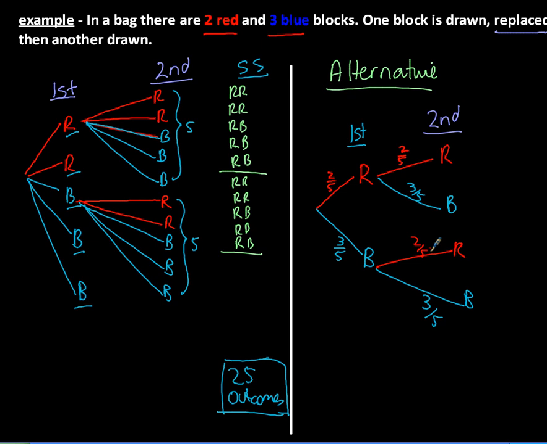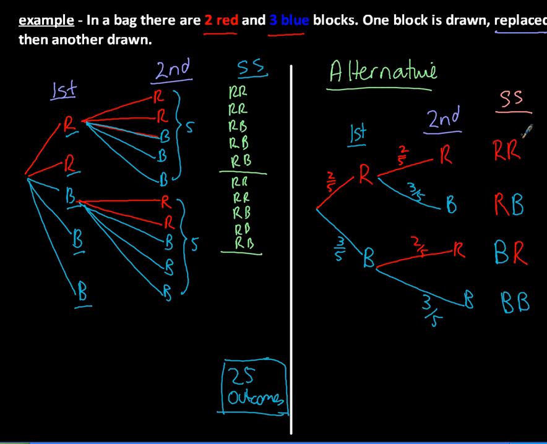So now let's have a look at our sample space. I could have red, red. I can have red, blue. I can have blue, red, or I can have blue, blue. And we have those 4 outcomes.